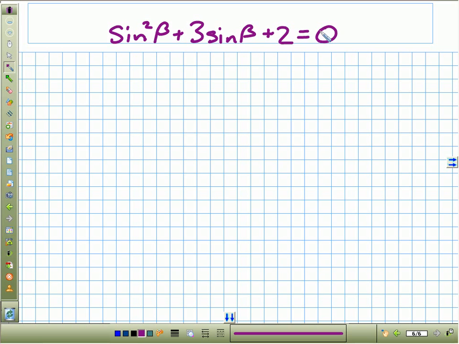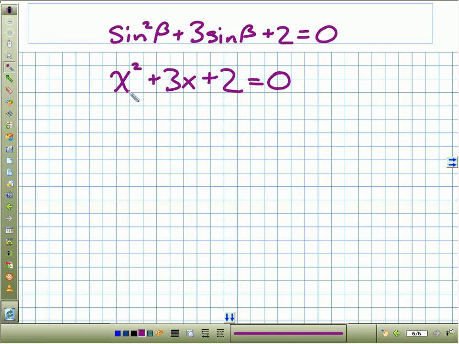Well, just think about this. What if instead of sine squared, we had x squared plus 3x plus 2? Now, you're correct. The first thing we do is solve for the trig function. But in solving for this trig function, it's going to be a little more complex than that method.